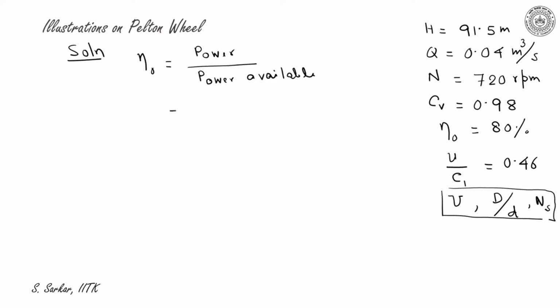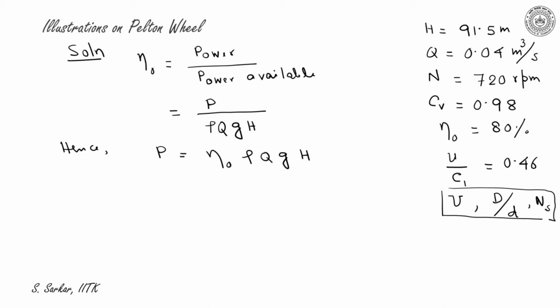Power available I can write as mass flow rate into g into H. That can be written as density into Q, the volume flow rate, into g into H. H is the available head. So thus I can say P is equal to eta 0 rho Q g into H.